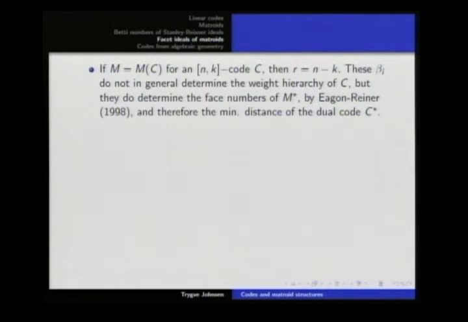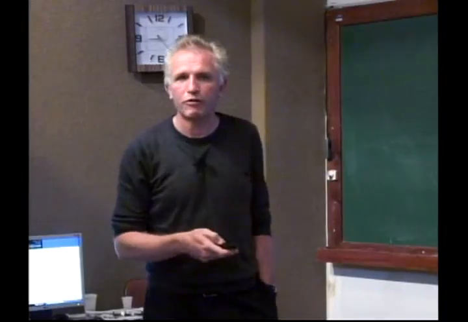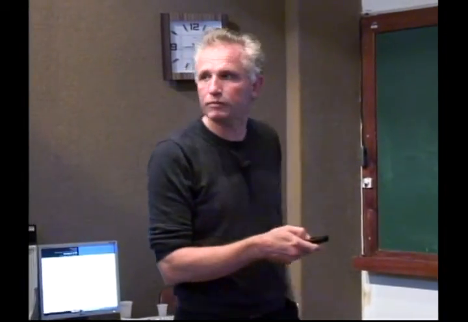But they say something. For instance, they will determine for you the minimum distance of the dual code. So they say something about it if the matroid you start with is derived from a code. Is there a nice formula for the minimal distance of the dual?